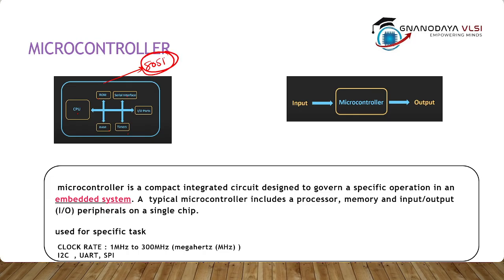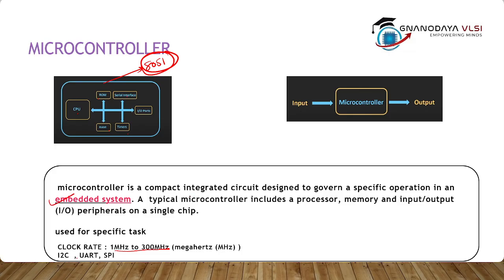It's a 40 pin IC with 4 kilobytes of ROM and 128 bytes of RAM, two timers, and four ports. You have a 1 megahertz to 300 megahertz clock rate. Mainly in embedded systems we are using these microcontrollers.